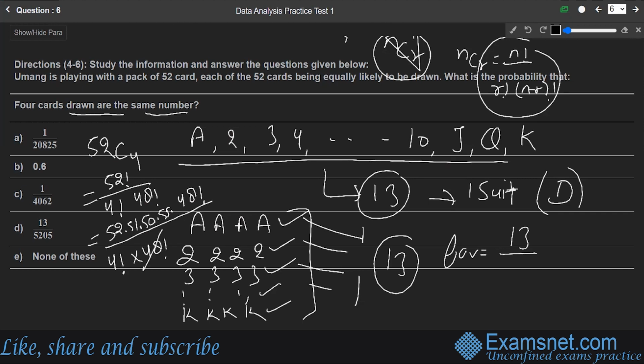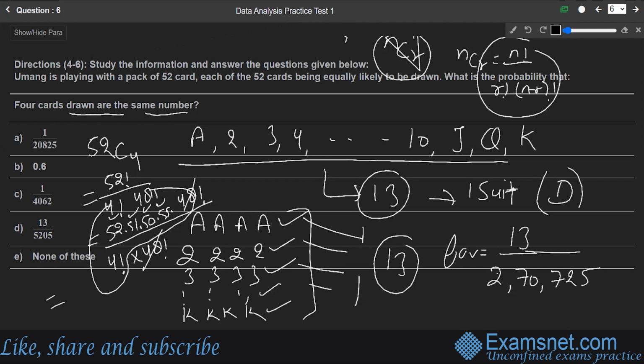Clearly, this 48 factorial will get cancelled out. So we are left with 52 into 51 into 50 into 49 divided by 4 factorial, which is 24. If we solve this expression completely, we get the total number of cases as 2,70,725.